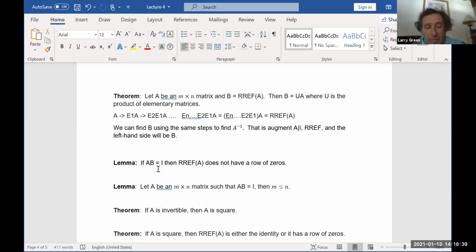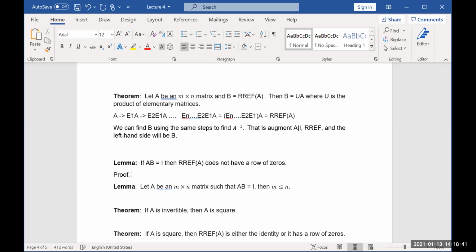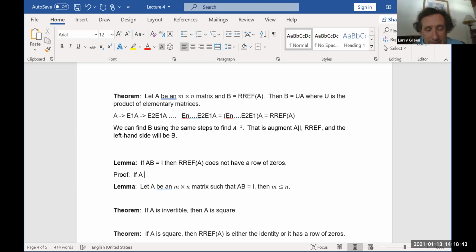Yeah. So the proof is by contradiction. If A has a row of zeros, then the ith row of AB is all zero, a zero vector, by definition of multiplication.